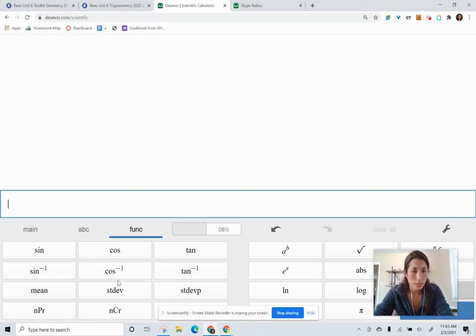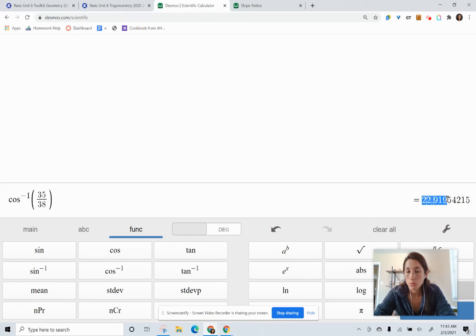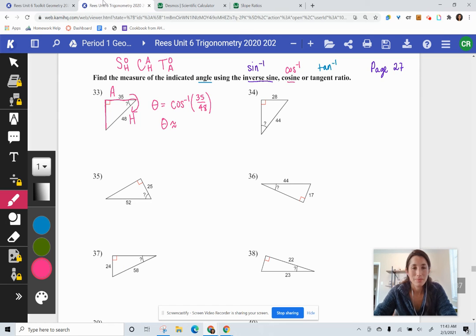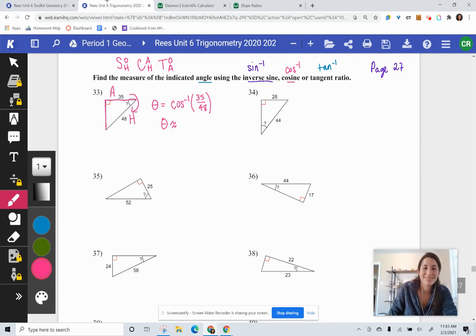I'm going to click on inverse cosine of 35 divided by 48, and it's going to be 22.919, that rounds to 22.920. And that's it.